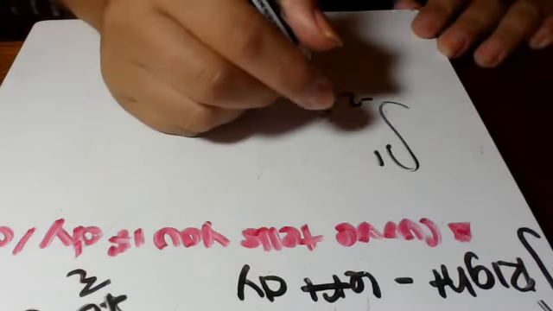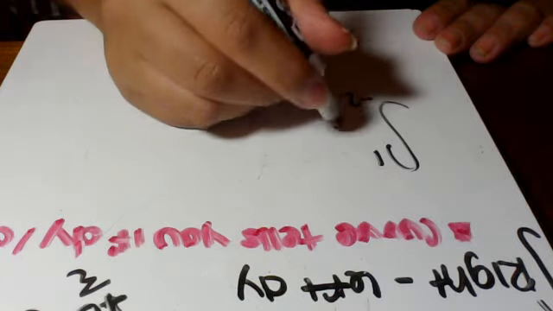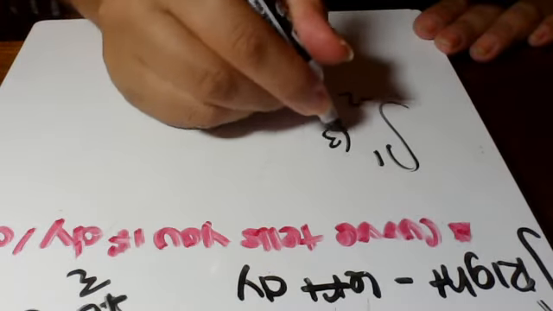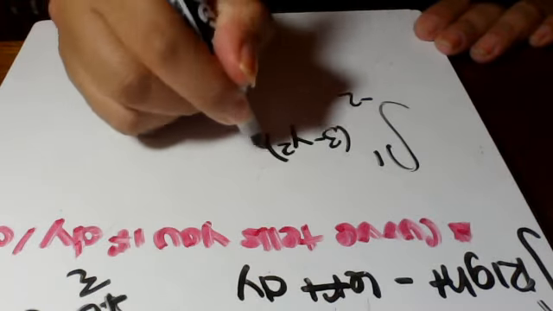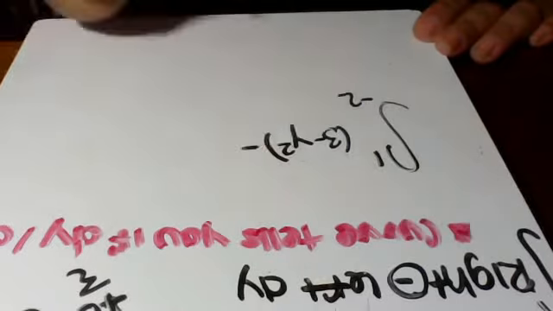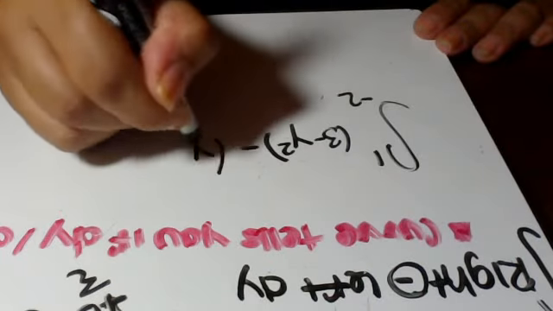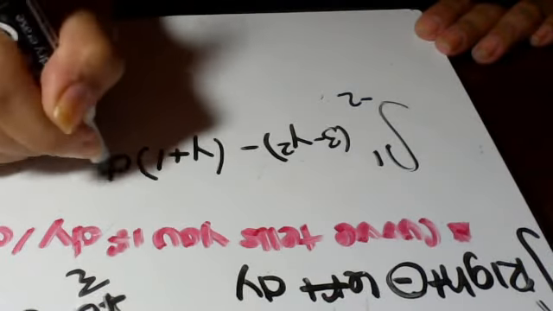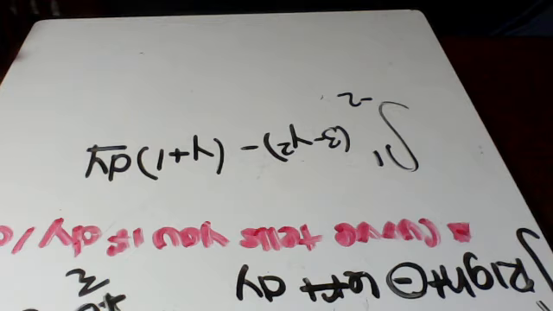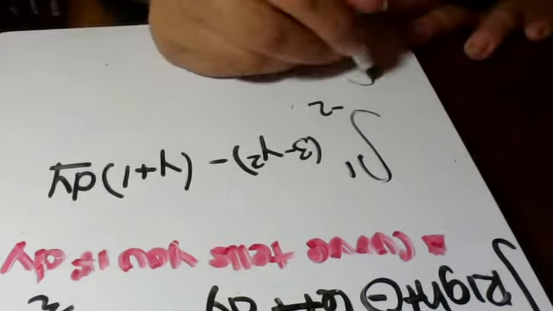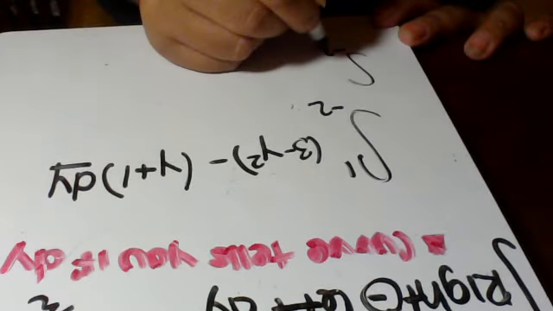So we have this, and then from our right, we have 3 minus y squared minus, remember here's the minus, y plus 1 dy. Okay, and then basically you do your integration. So you go -2 to 1.